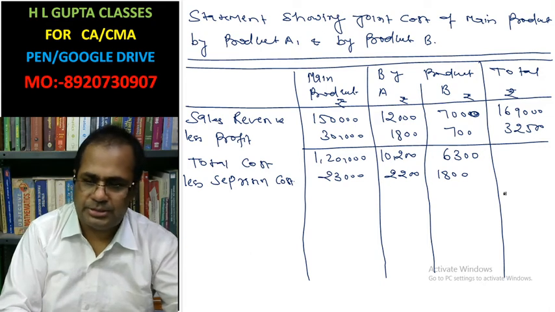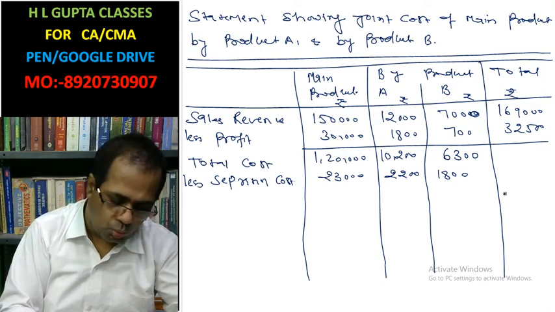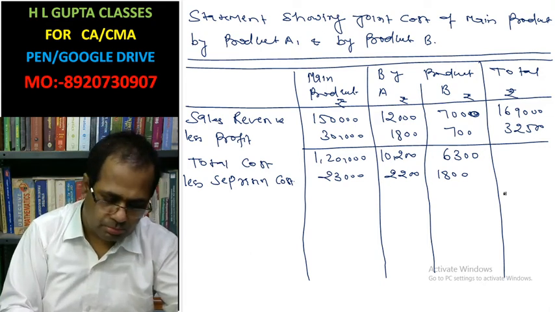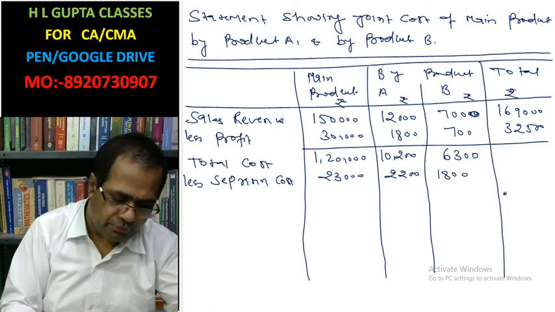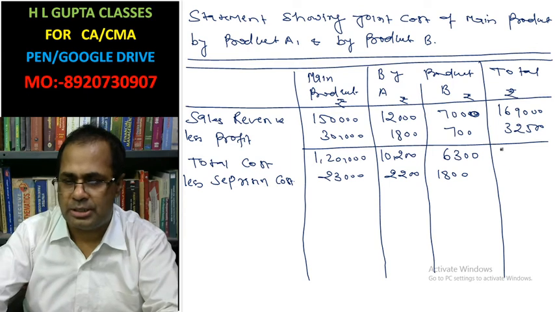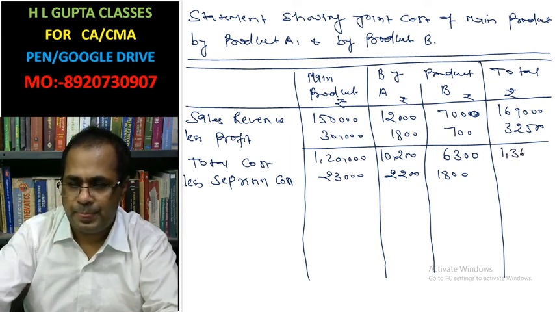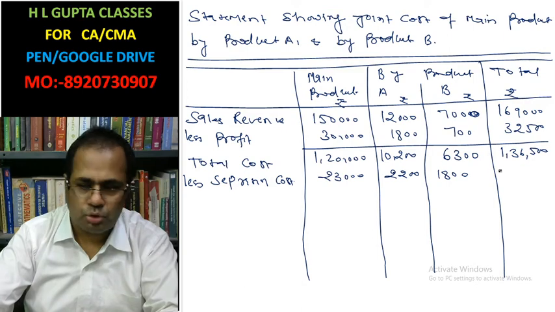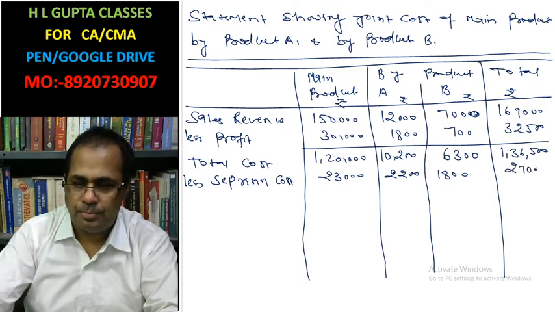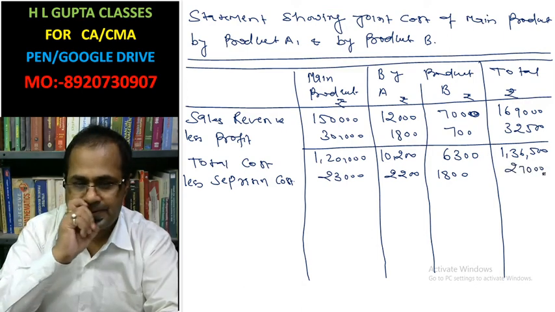This cost is 1,69,000 minus 32,500, which is 1,36,500. A separation cost is 27,000. Okay.